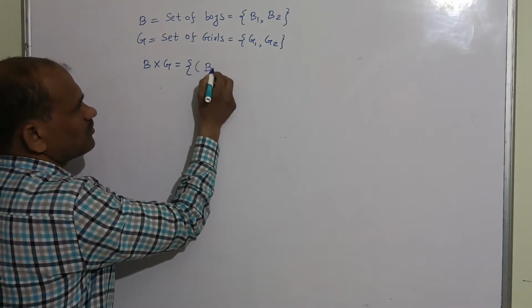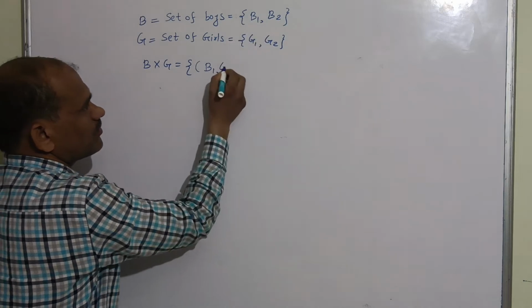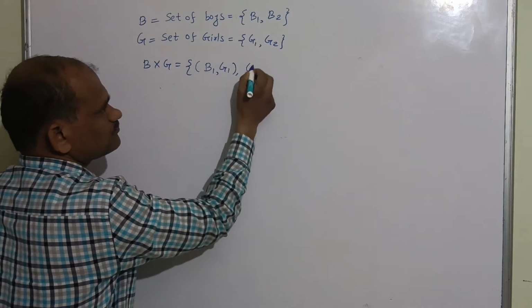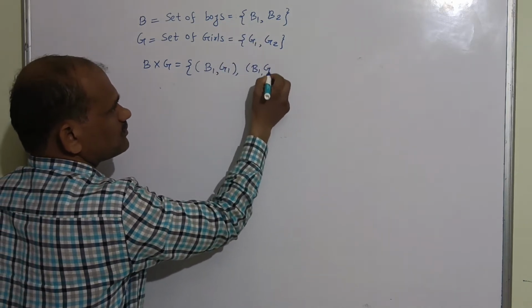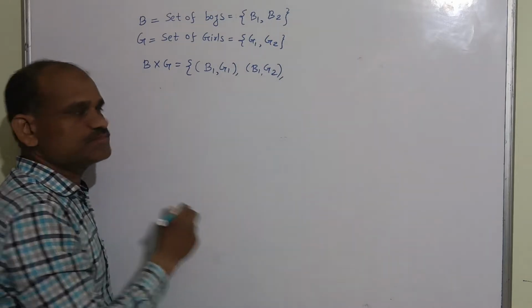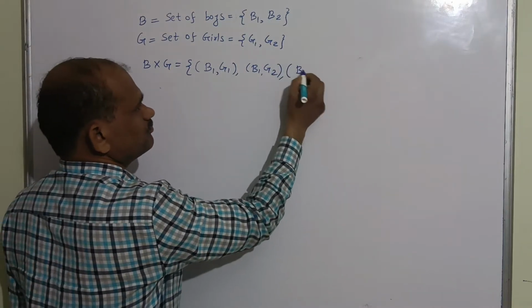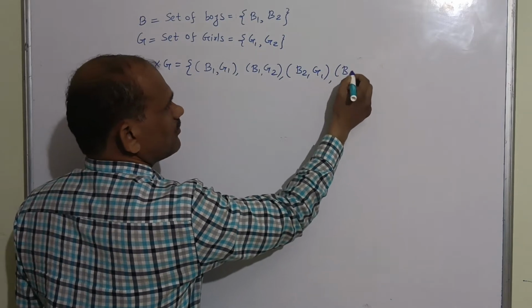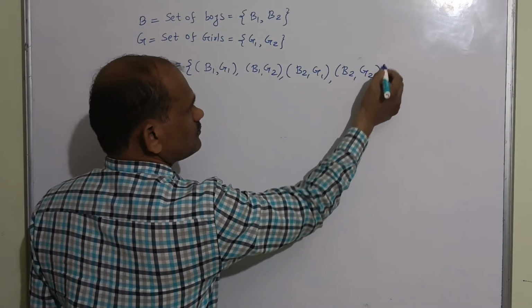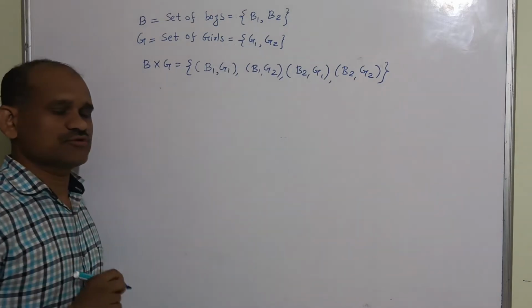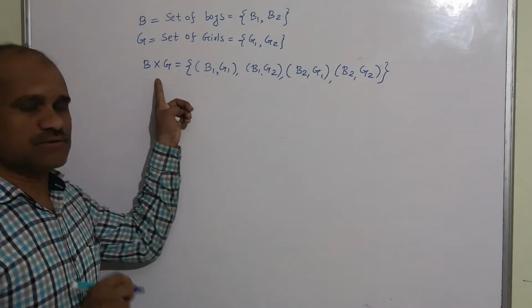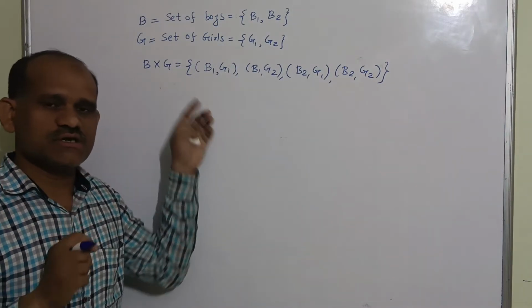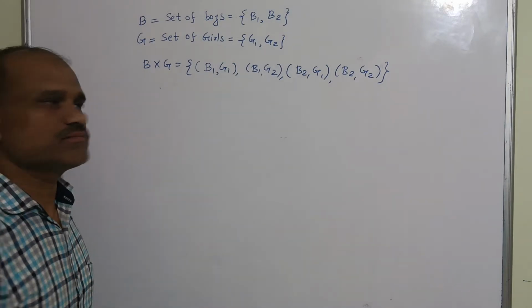These are the ordered pairs: B1, G1; B1, G2; B2, G1; B2, G2. So this set B cross G is called the Cartesian product.